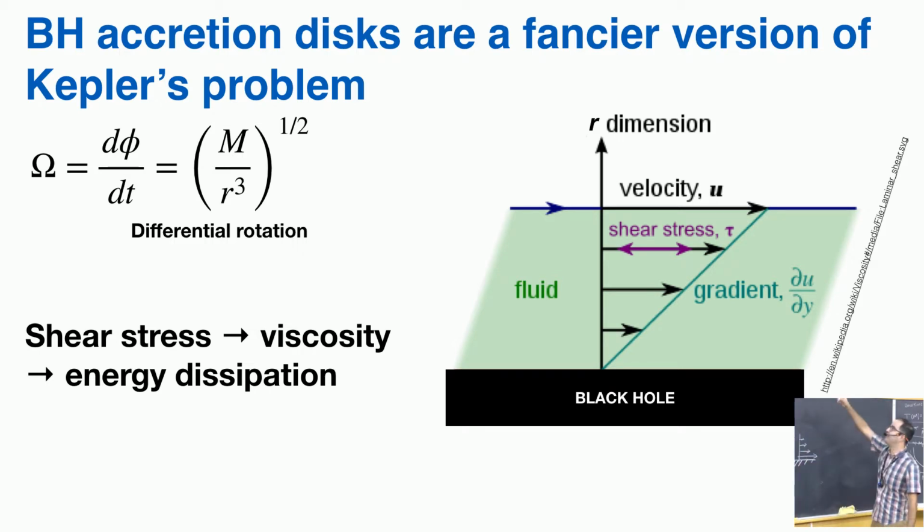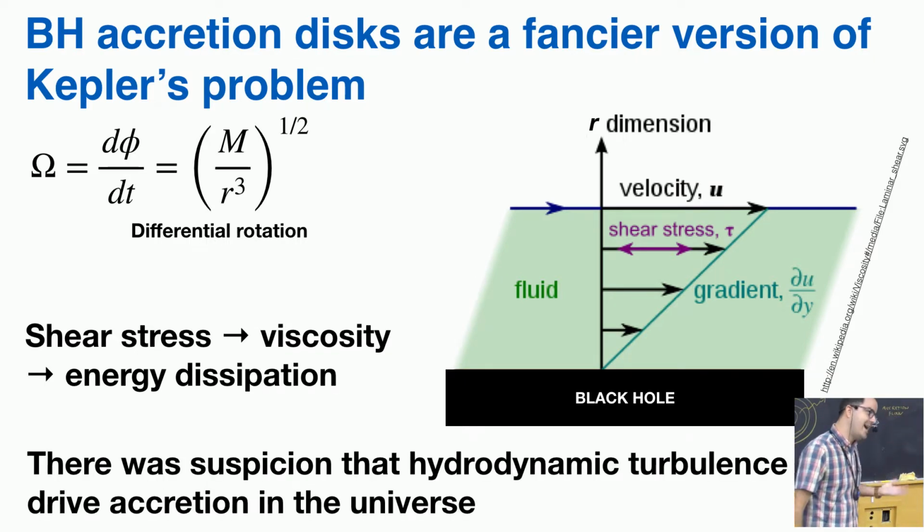It's in the opposite sense of what the figure is showing. So in this case, you will have shear stress, you will have viscosity, and you will have energy dissipation.